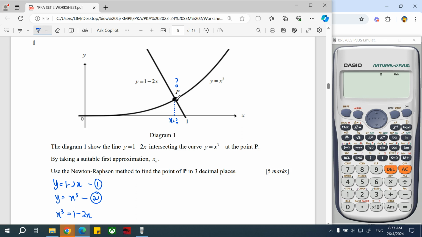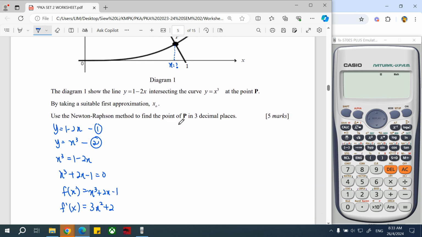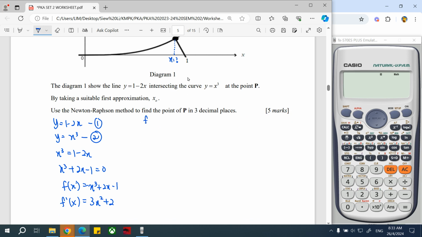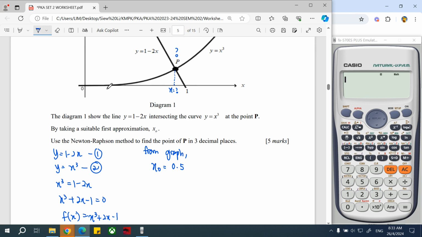You can see your point P is in between 0 and 1, so our x naught can take a value in between 0 and 1. We can start from 0.5, as long as your initial value is in between 0 and 1, because we see one intersection point in the interval 0 to 1.